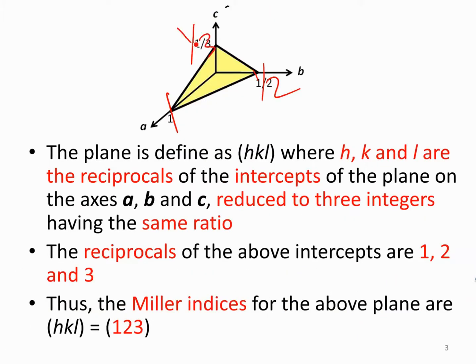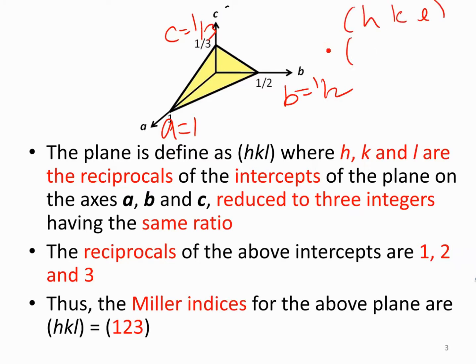So the plane is defined as HKL, where HKL are the reciprocals of the intercepts of the plane on the axes A, B, C, reduced to 3 integers having the same ratio. A equals 1, B equals half, C equals 1 over 3. So for the Miller index HKL, you can write 1 over A, 1 over B.